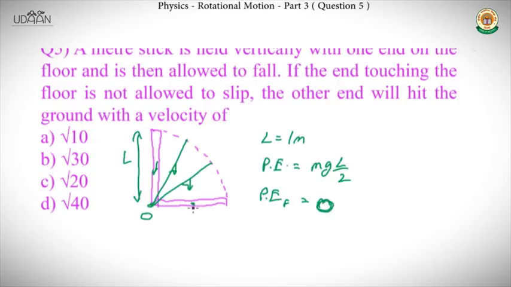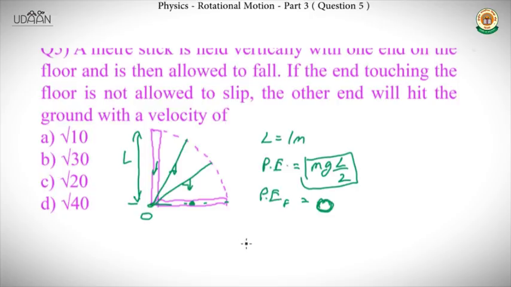It's lying on the ground. The center of mass is on the ground, if we assume this to be the reference point. So now here we see that when it is falling down, all of this potential energy, mg L by 2, will be converted into its rotational motion, as there is no linear motion around here. So we'll equate this to the rotational kinetic energy of this body.